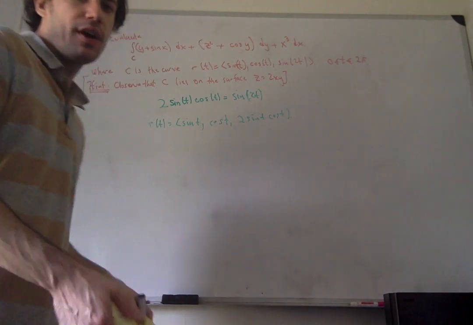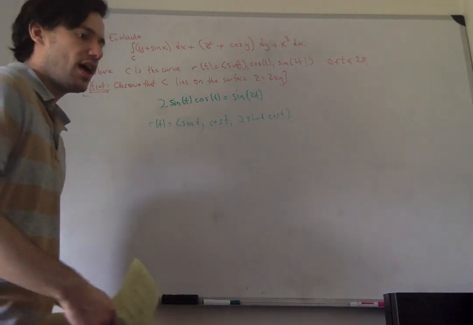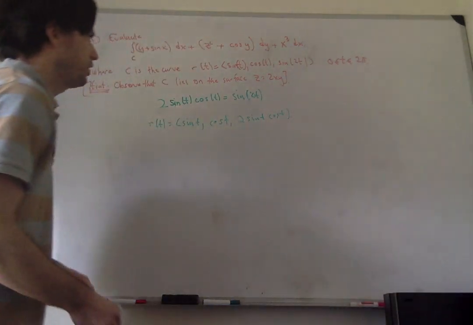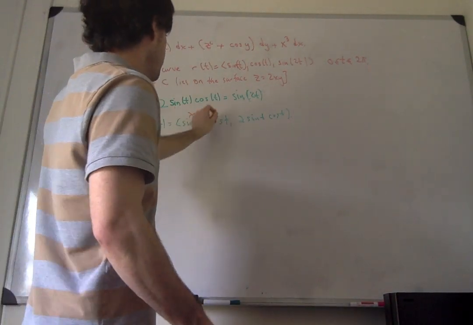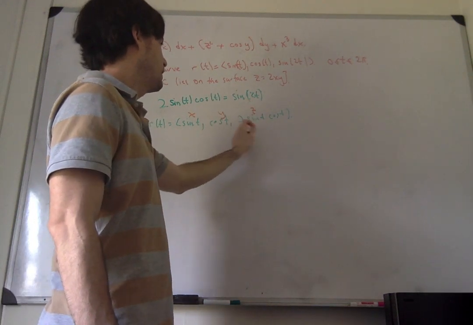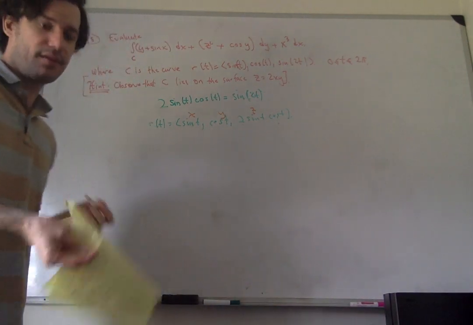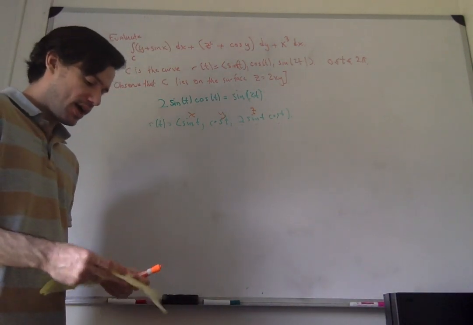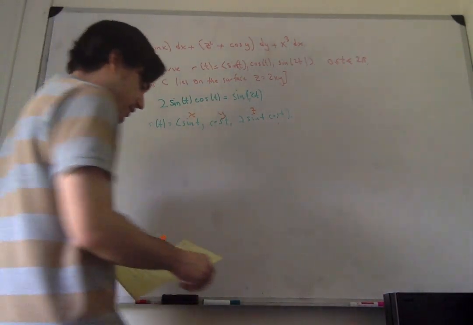Okay, and so where do they get that your curve lies on the surface z equals 2xy? Well, if this is x and this is y, this is z, then z equals 2xy. That's all it is. Pretty straightforward, and it's going to be very helpful. Okay, so let's get right into this calculation.